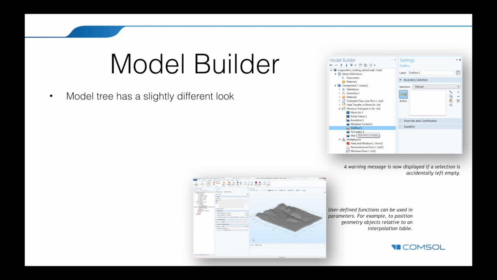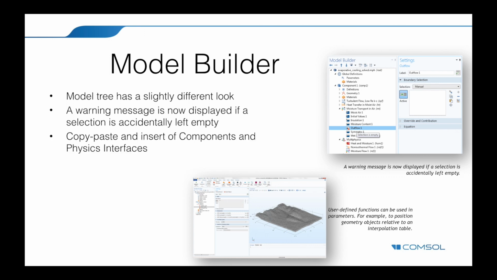Some news in the Model Builder. The Model Tree has been upgraded and has a slightly different look that is more in line with Windows standards. If you forgot to add the selection, like a boundary for a boundary condition, you now get a warning indicator in the Model Tree on top of the feature node. You can see it in the screenshot to the right where the tooltip says selection is empty. I briefly mentioned copy-paste and insert of components and physics interfaces in the beginning.